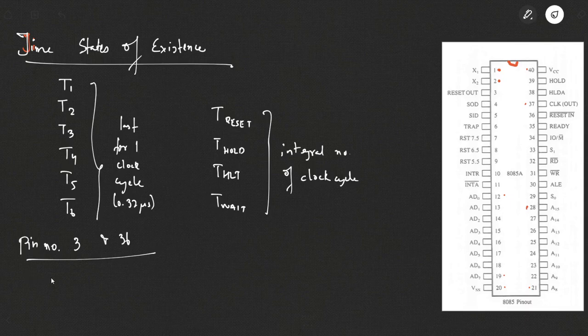This means it's a complement. So whenever the signal at the reset in pin is made low, the microprocessor, wherever it is and whatever it is doing, will exit that state and enter the T reset state. So pin number 36 is the reset in pin.